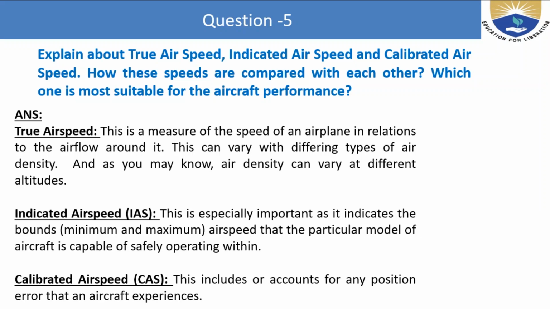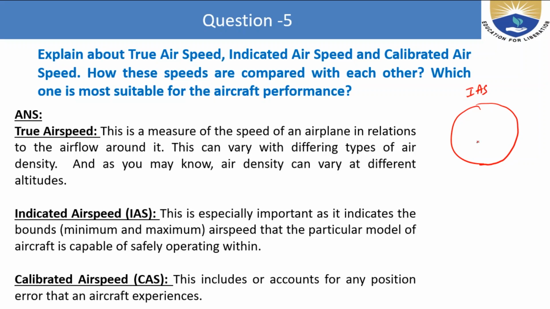Due to the position of the aircraft and its different instrumentation, there may be some error. That error has to be calibrated, because the true airspeed is the actual airspeed, but the indicated airspeed is what the pilot sees in the cockpit. There is an instrument called IAS, indicated airspeed.